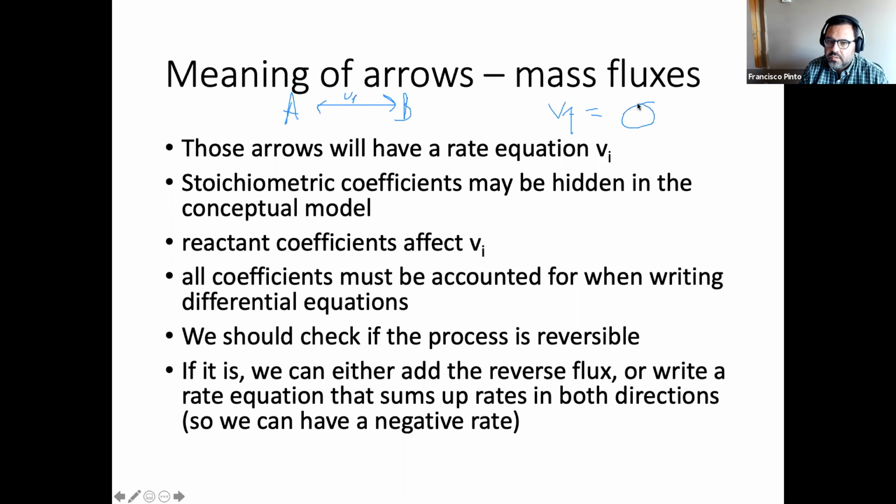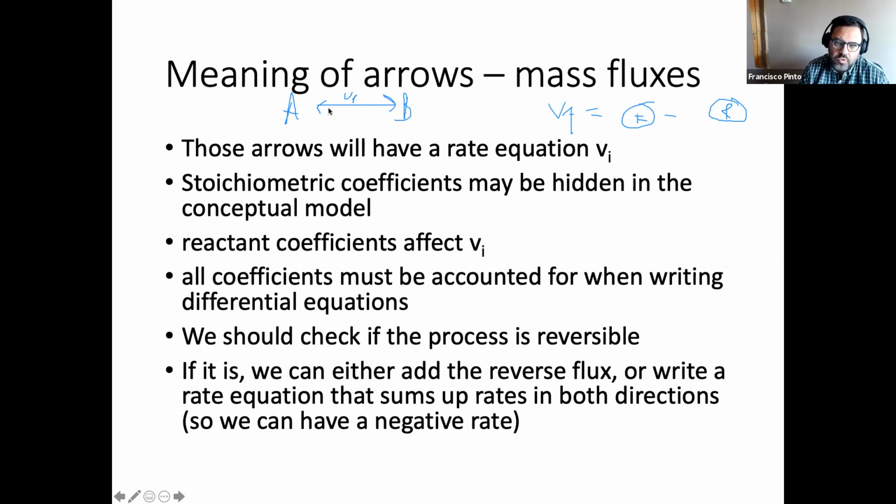One part is the rate in the forward direction minus a rate in the reverse direction. Okay, so the rate expression will actually be a difference between 2 individual rate expressions, one in the forward direction and then in the reverse.